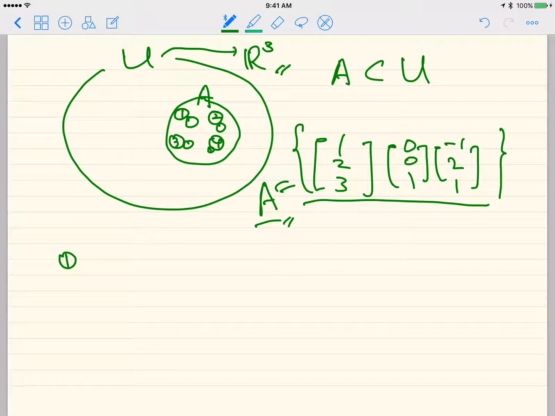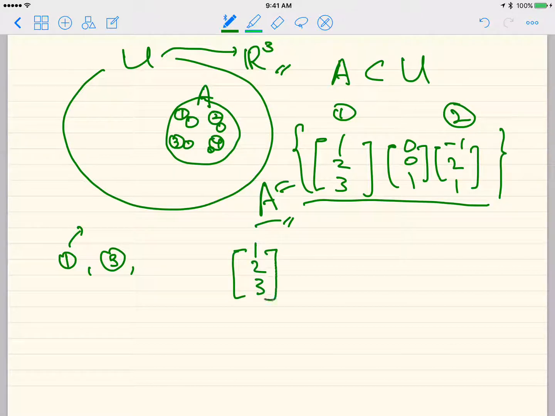So you picked 1 and 3, and then these are just 2 vectors. So this is the first vector, and this is the second vector, and then you form any kinds of linear combinations using these 2 vectors. So (1, 2, 3) times maybe 1 plus maybe 2 times (-1, 2, 1).